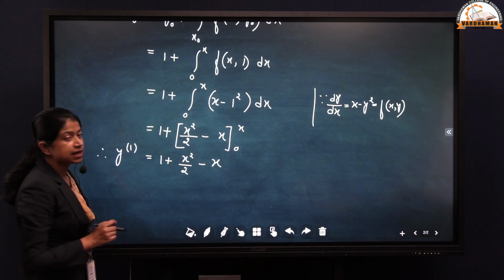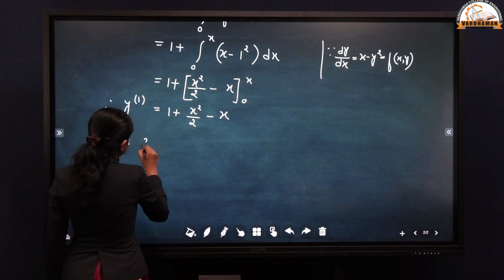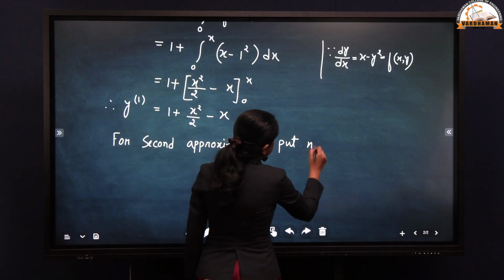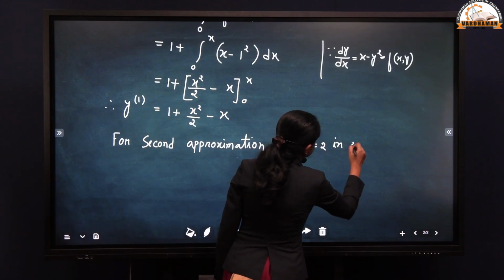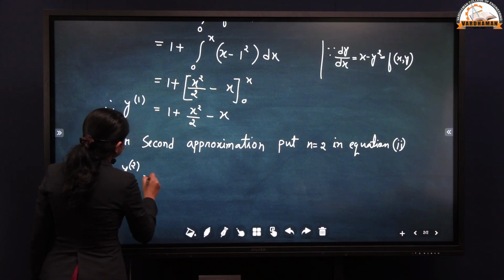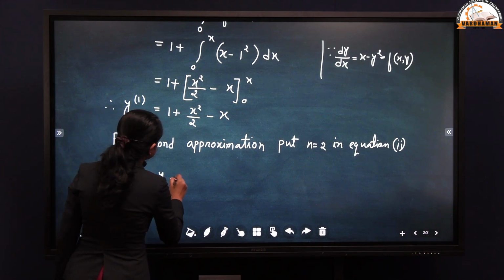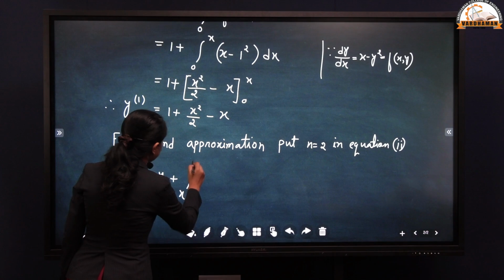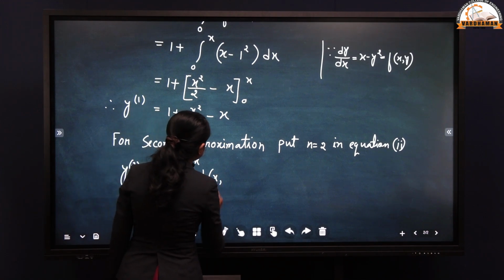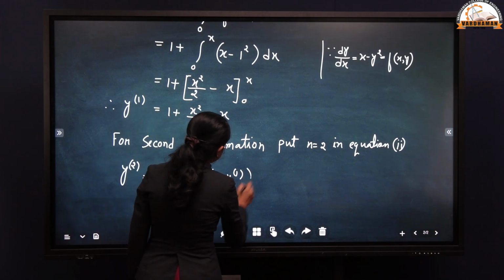Now let us find the second approximation of y. For the second approximation, put n equal to 2 in equation 1. We get the second approximation of y equal to y naught plus integration x naught to x f of x comma first approximation of y dx.